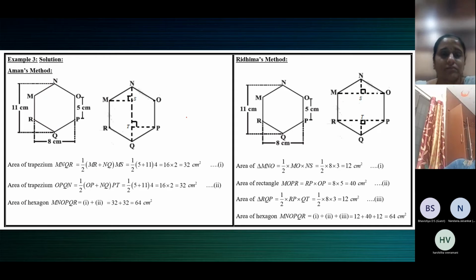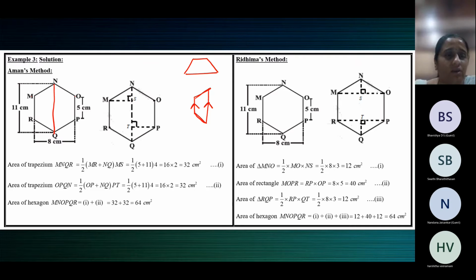Now these are the parallel sides. So Aman has connected the diagonal NQ, and that way he has 2 trapeziums, MNQR and NOPQ. Is that understood, Bhavishya?